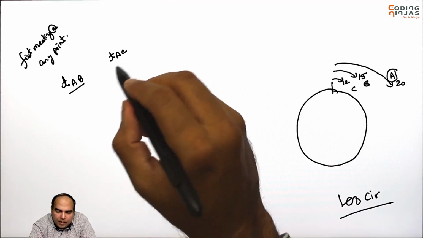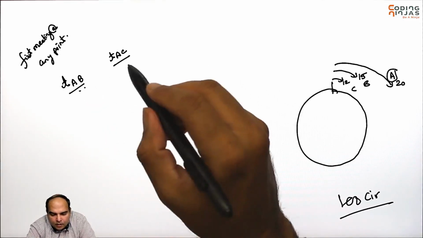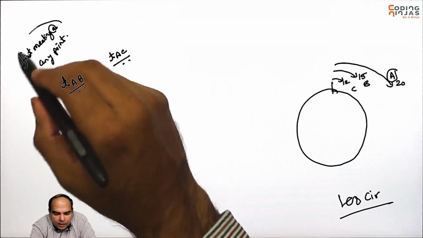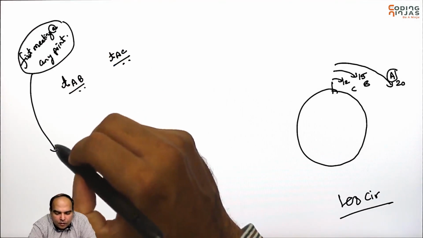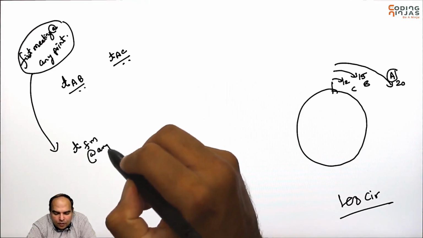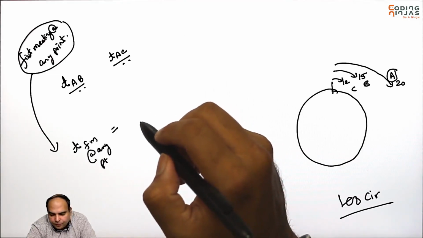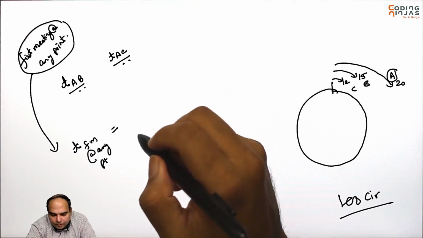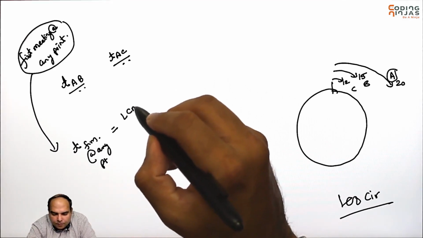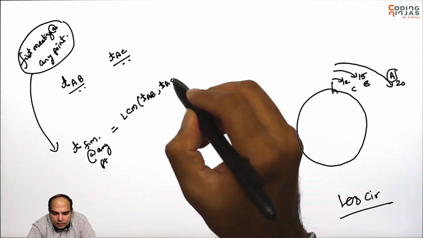So TAB and TAC would have to be found out: the time taken by A to overlap B and the time taken by A to overlap C. The first meeting at any point on the circle, not necessarily the starting point, would essentially be the LCM of TAB and TAC.